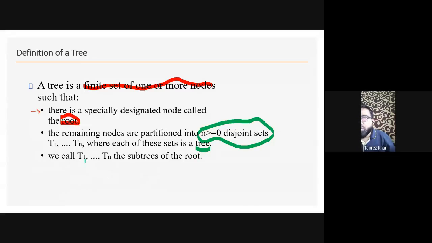Then we call T1, T2 up to Tn the subtrees of a root. You have the root node, then below the root node you have the remaining sets, and each of these sets is called a subtree. They are under the root node, so they are called subtrees. The moment we see the example, all these things will be clear.